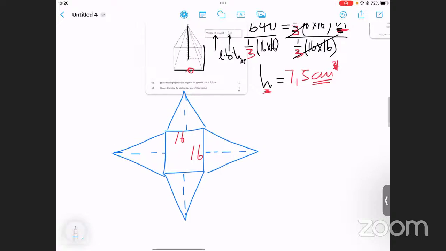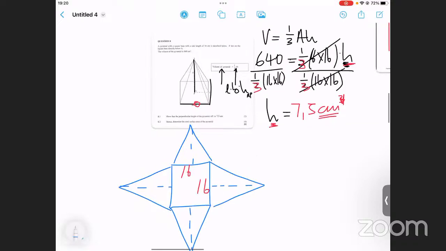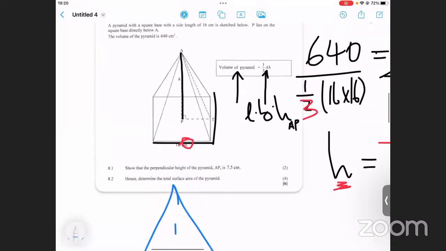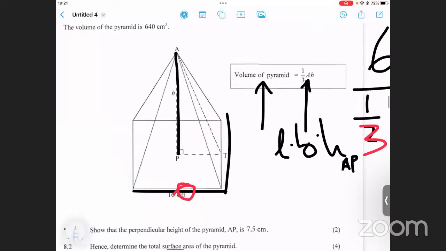Since we already know that this is, no, not 16, but that is 7.5. Can we not know what that is?